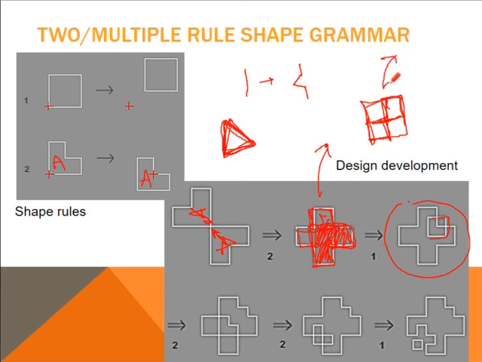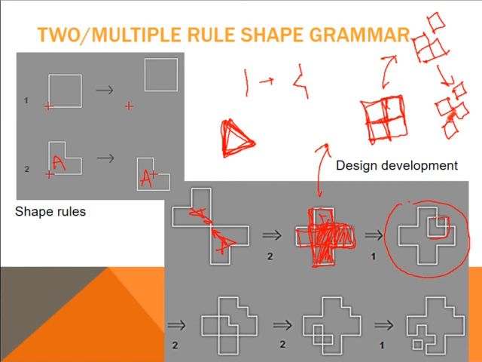Maybe you move one of the squares like that, and then you further move another square. So you can create a different variety of design.